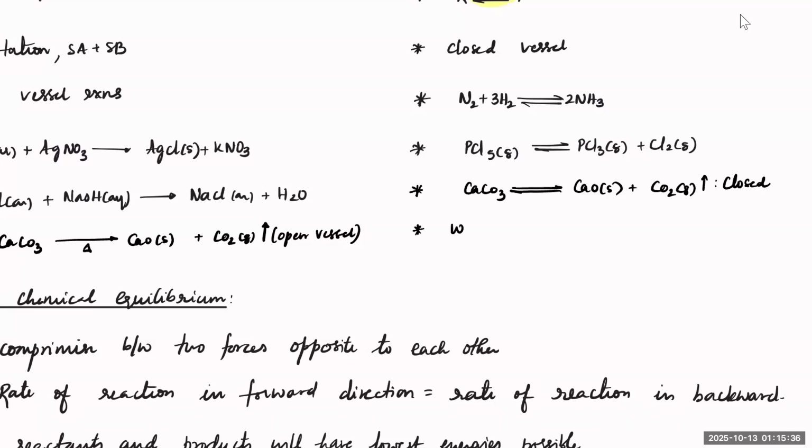Similarly, if you have a weak acid and strong base, weak acid and weak base, or strong acid and weak base, any of such combinations, that means they will also exhibit equilibrium reactions.